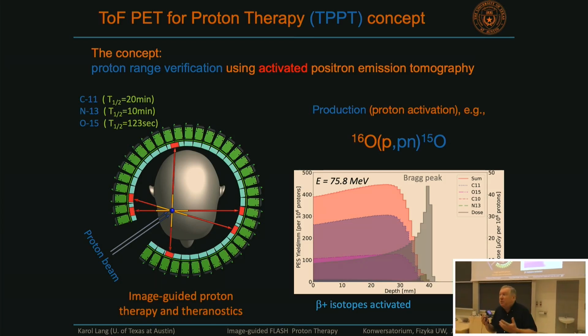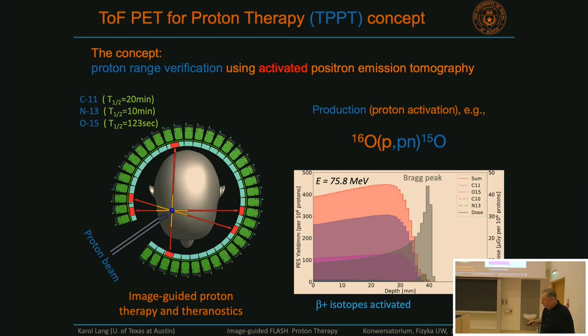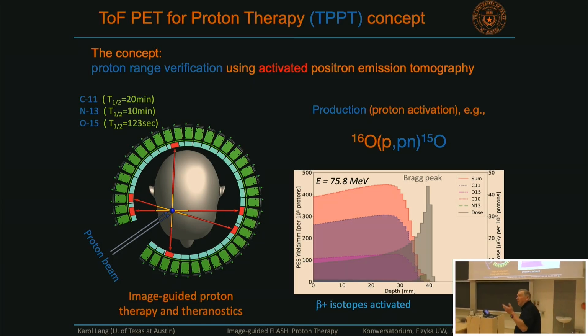That's the principle with which we wrote the proposal, and we illustrated it by simulations which show, by the way, this is the Bragg peak, but positron emissions are not happening where protons exhaust their energy.